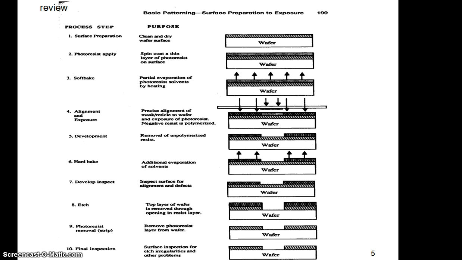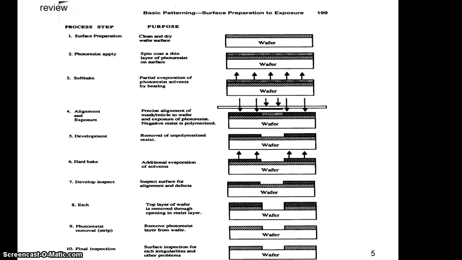Development inspect is done by the naked eye if you are dealing in MEMS fabrication, or you can use lenses to inspect how fine your transferred pattern is. If you find it incorrect, you can repeat the steps.